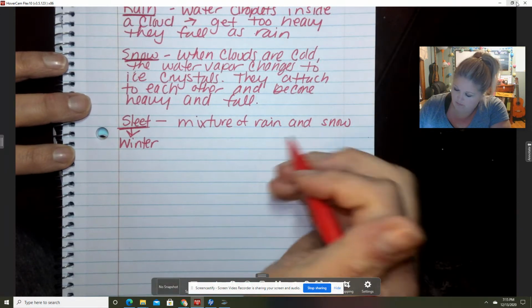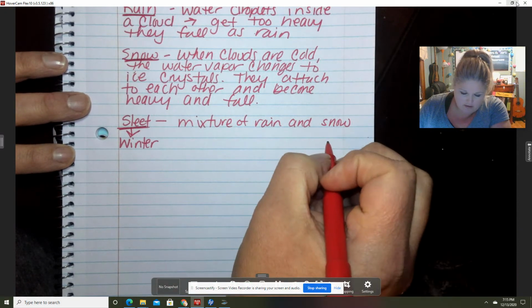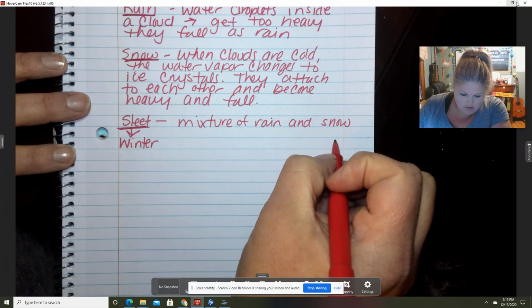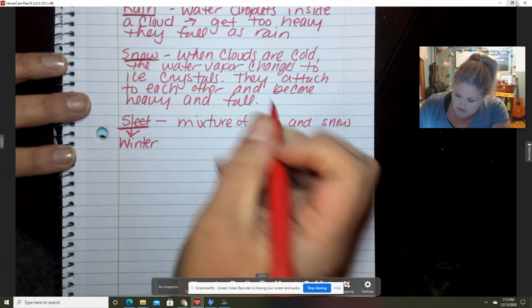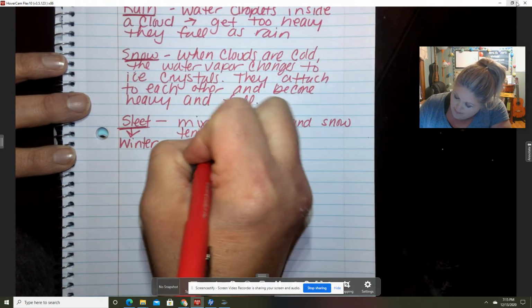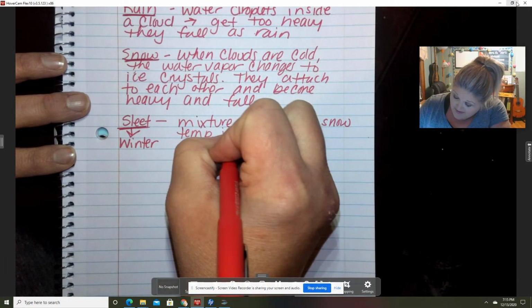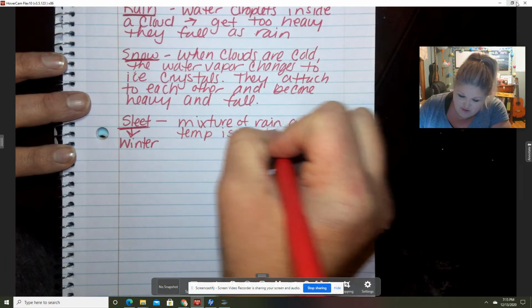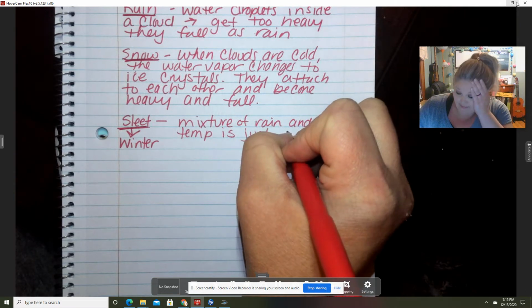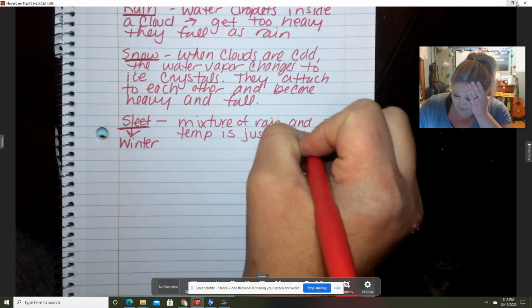Okay. Mixture of rain and snow. The temp is just above freezing.